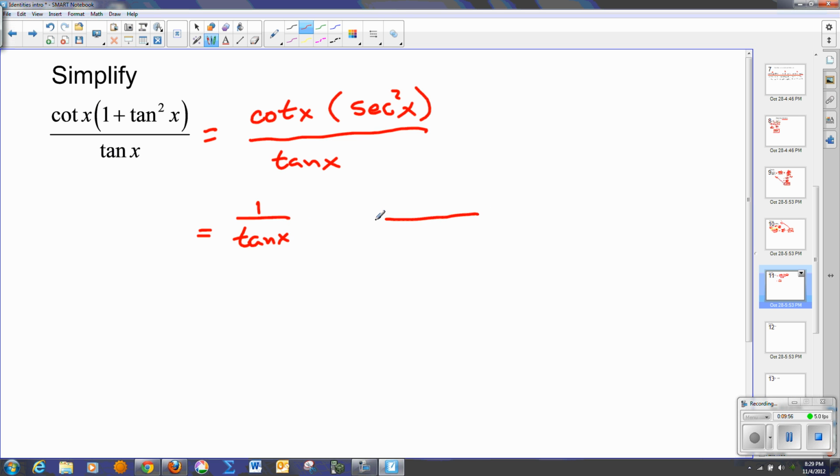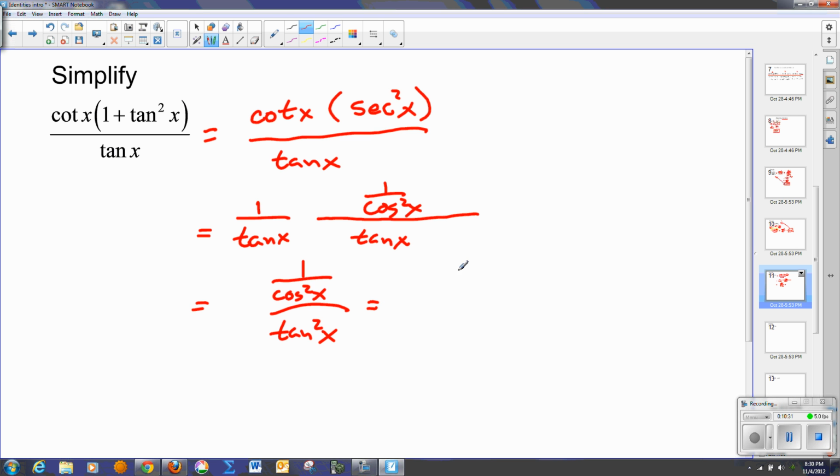If that's true, then I have the secant, which is 1 over cosine, I'm going to make it squared since I have secant squared, over tangent. If I have this quantity, now I know that 1 over cosine squared is over tangent squared. But this doesn't look like it's going to reduce very well.